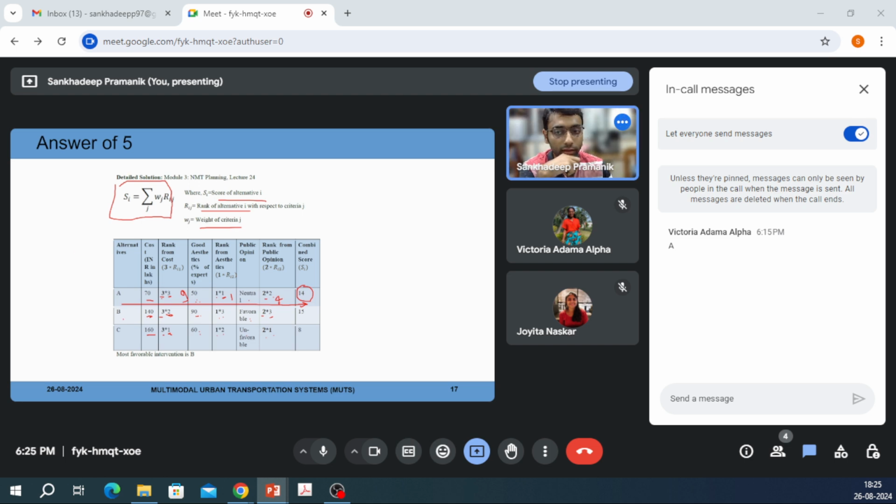And then for option B, if you sum all these values, then it will come as 15, and for C it will come as 3 plus 2 plus 2, so it will be 7. So option B is the highest, therefore option B will be the most favorable intervention.